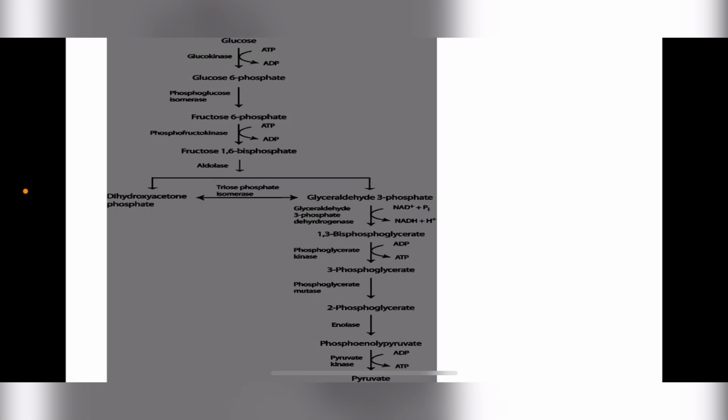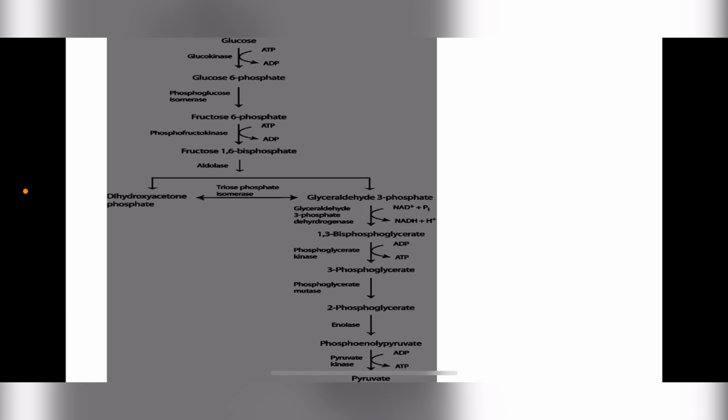Next, 1,3-bisphosphoglycerate gets converted into 3-phosphoglycerate. That means one phosphate molecule is removed from 1,3-bisphosphoglycerate and added to ADP, converting it into ATP in the presence of phosphoglycerate kinase.